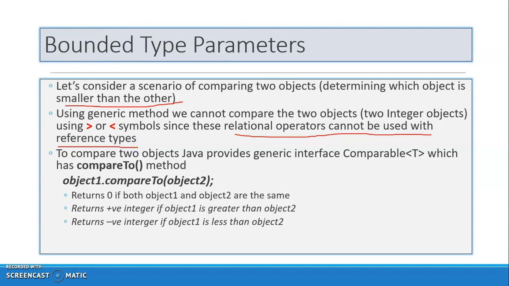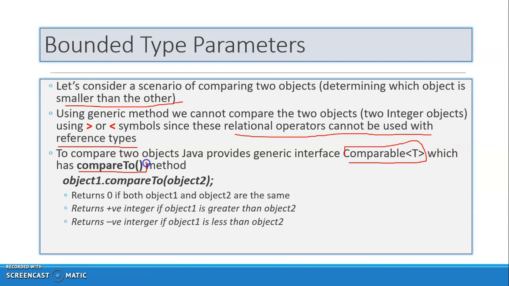So the moment you create two objects, even if those objects are created from the Integer class or the Double class, you cannot use the relational operators to compare them, like greater than or equal to, or less than or equal to. To compare two objects, Java provides a generic interface which we call Comparable, and this Comparable has a method called compareTo.